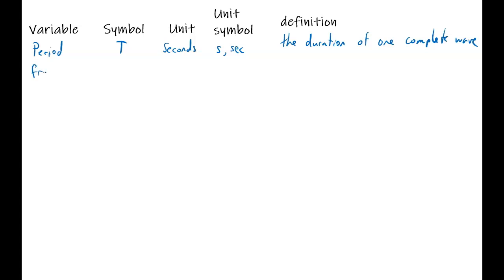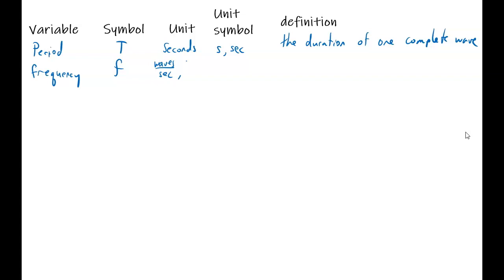Very similar to that is frequency. Symbol is lowercase f. And the unit for that, well, there's several units. Waves per second is the most descriptive and useful one. It tells you what it means. It's how many waves there are every second. Makes perfect sense. Mathematically, waves is not really a unit.